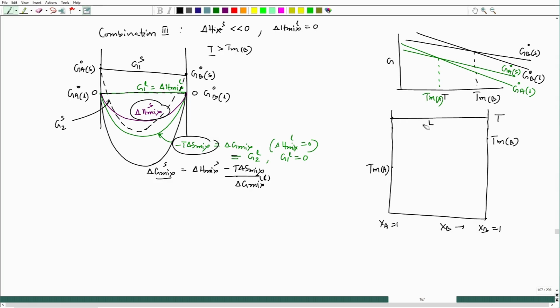Because liquid free energy, this particular green line is below the dotted black line, which reflects the G2 of solid. So, everything would be liquid over the entire region. But if we start decreasing temperature, the situation would be different, and those different situations will now reflect over the T versus composition plot. So, this is temperature and composition, this is nothing but the phase diagram. We will evolve that phase diagram.